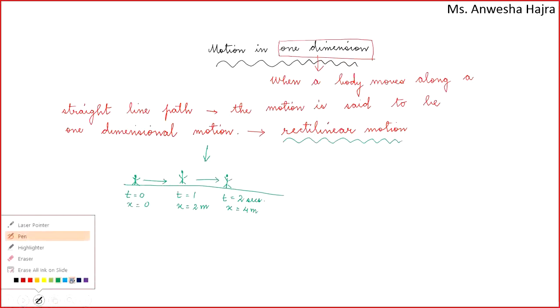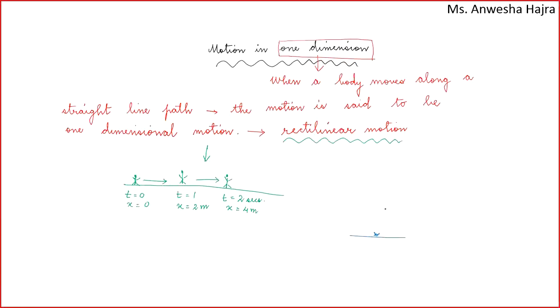Or you can take another example. Say you have a mosquito sitting on the floor. At t equal to 0, it is on the floor. Now it starts going up. Say if we call this z, z coordinate is changing. At t equal to 1, say z is the distance from the ground.